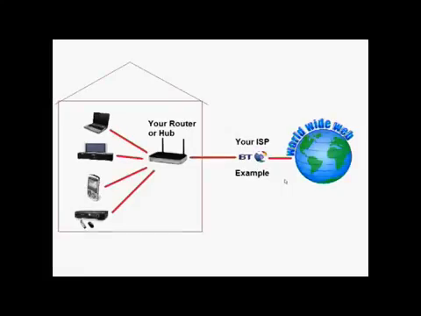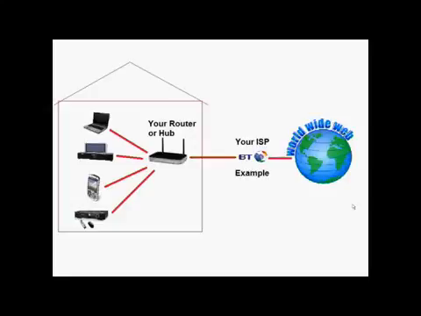In the next diagram, it shows how normally your devices are connected to the Internet. For example, when you are online on your laptop, it is connected to your router, and the router is connected to your ISP, which stands for Internet Service Provider.